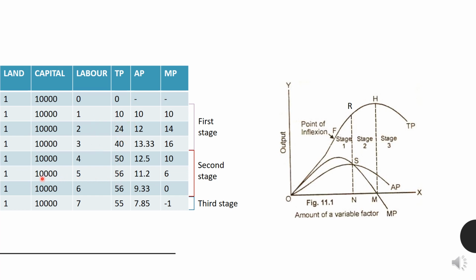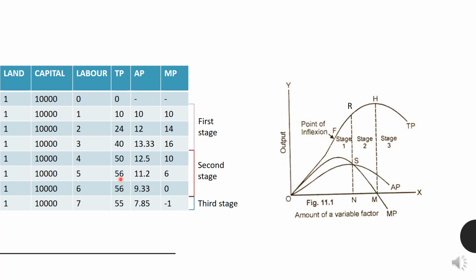That means for 1 acre of land with the 10,000 investment, the maximum number of laborers required is 5 units. That is why the maximum production is 56 units, because the land is capable of producing only this maximum of 56 units.